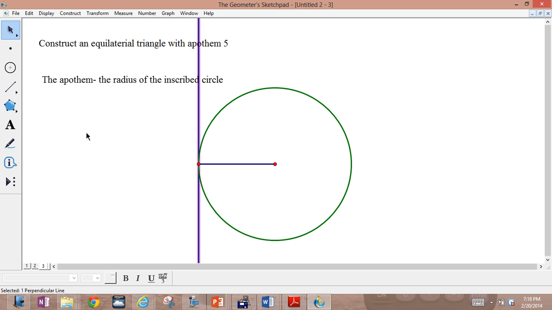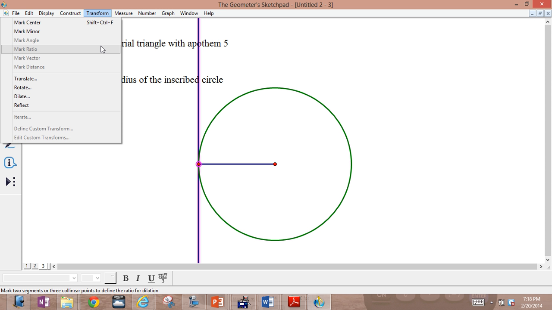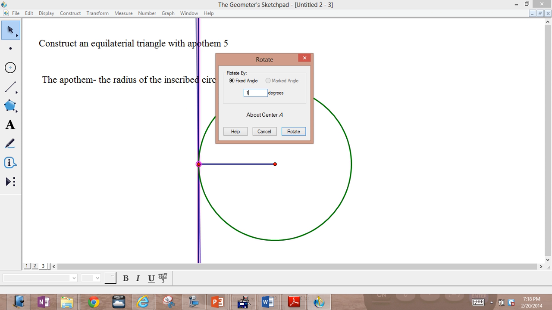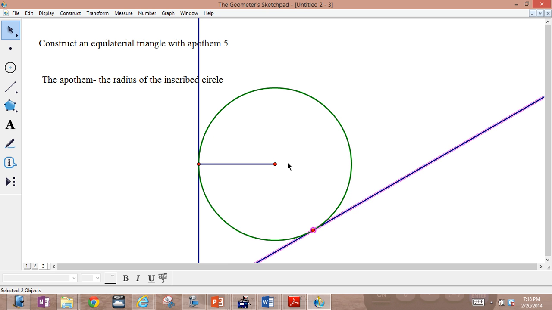So I will rotate about the center point. Let me double click on that center point so that it's identified as the point of rotation, and I will select this line and rotate. 3 equal divisions means I have to rotate 120 degrees. There I go, rotate.